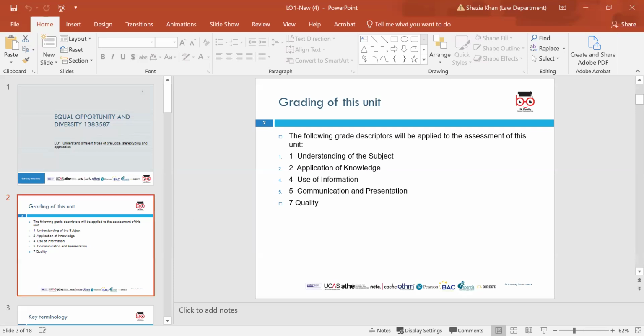This is how the unit will be graded on the basis of the assignment, and we'll go through the assignment discussion with you in regards to gaining a merit and distinction, looking at the different grading criteria.